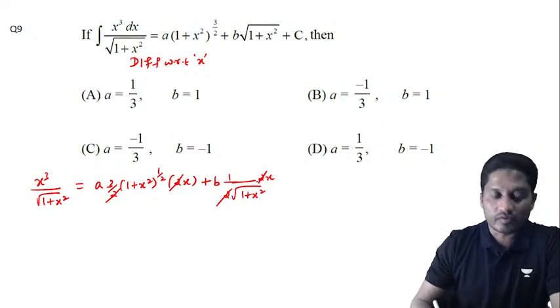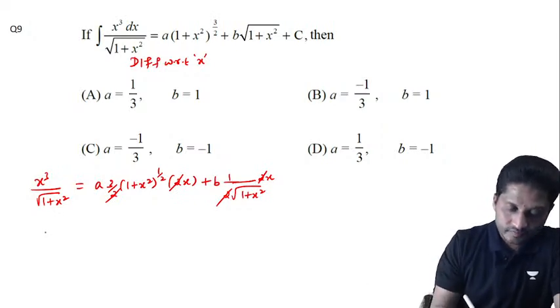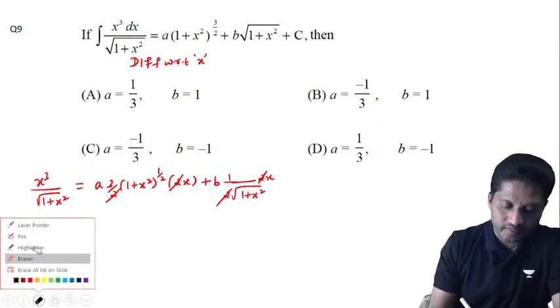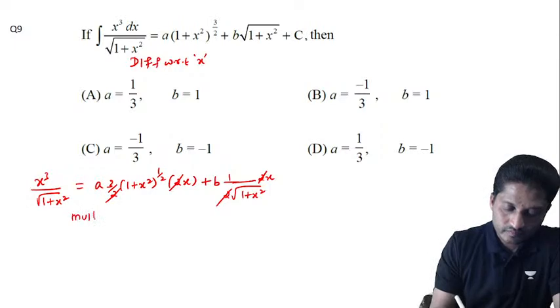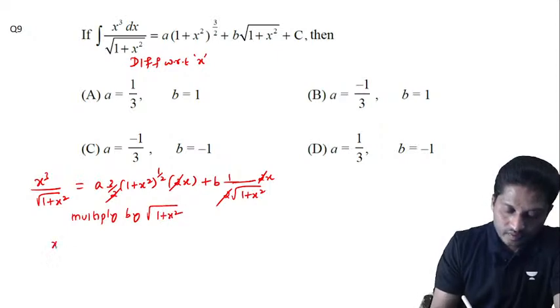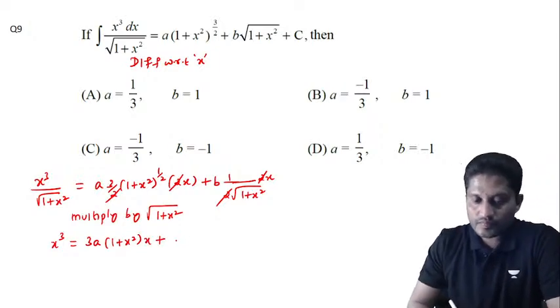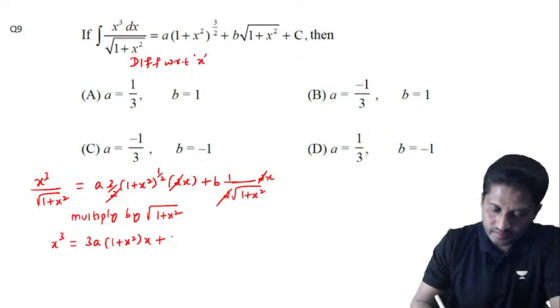If you cross multiply that root, let me write here, multiply by root of 1 plus x square. x cube is equal to 3a, root into root is 1 plus x square into x, plus this is b into x.